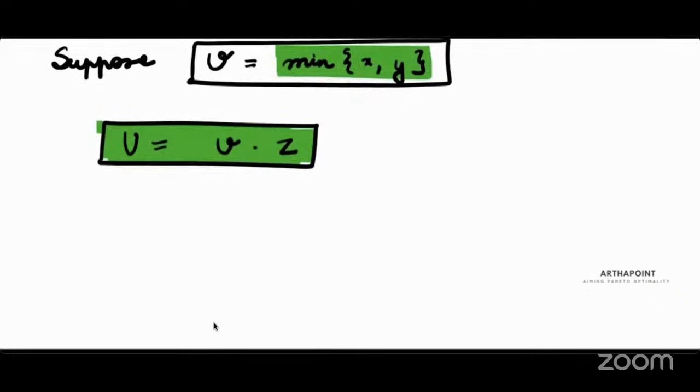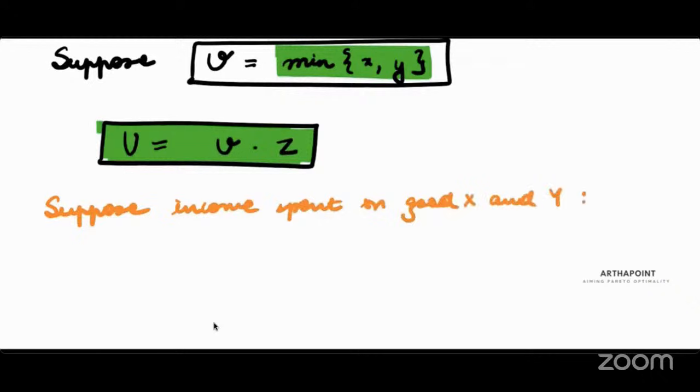And now I say that suppose the income spent on good x and y is M1. I am introducing 2-step budget.